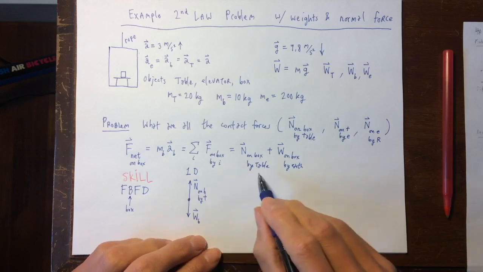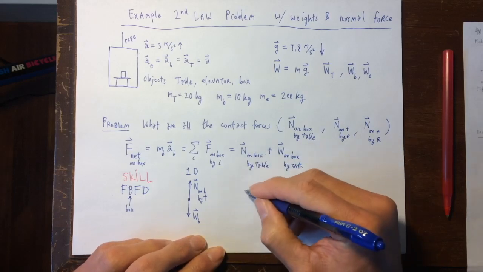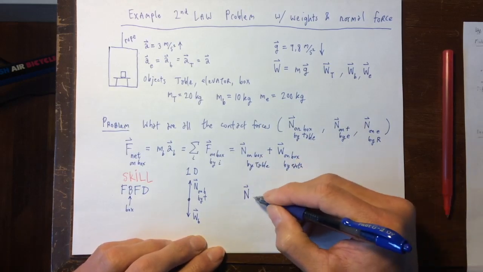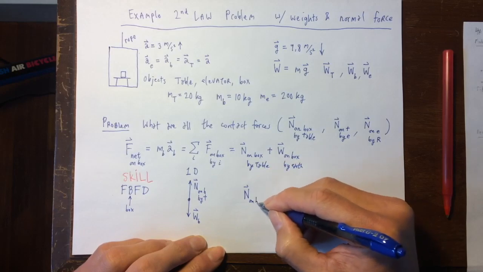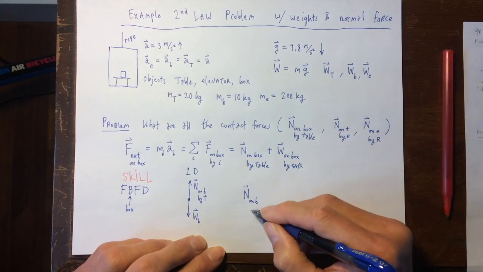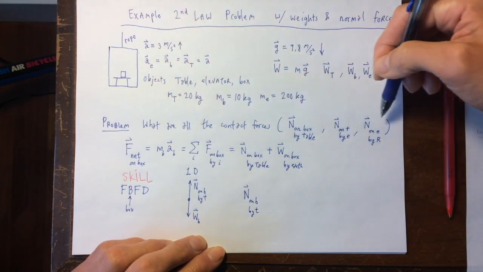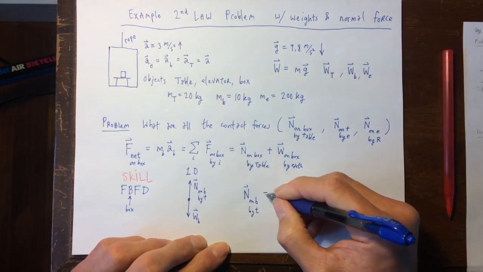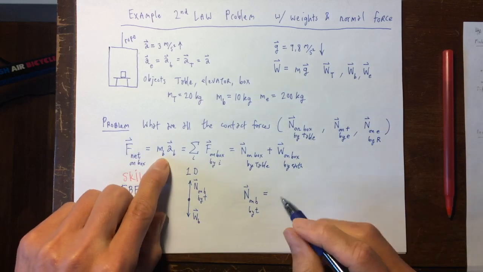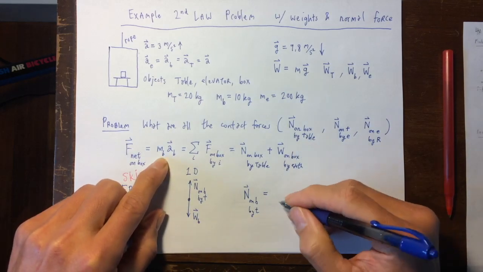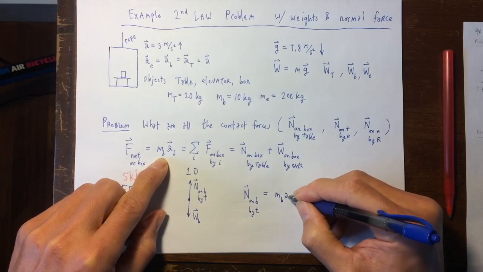All right, so my unknown is here, and I can solve for it algebraically. Algebraically, it says that the normal force on the box by the table, that's the answer to at least the first part of my problem, is equal to this thing minus this thing. It's just a little bit of algebra with vectors.